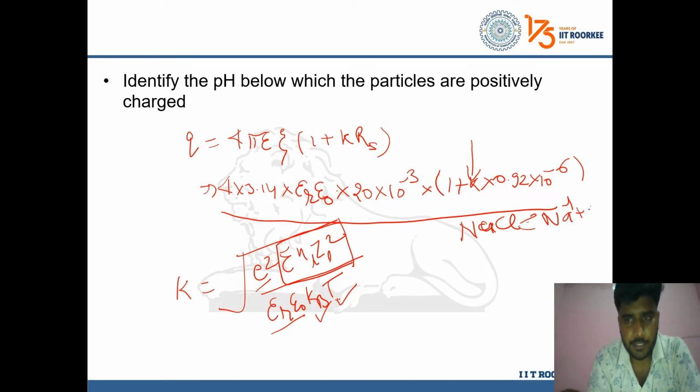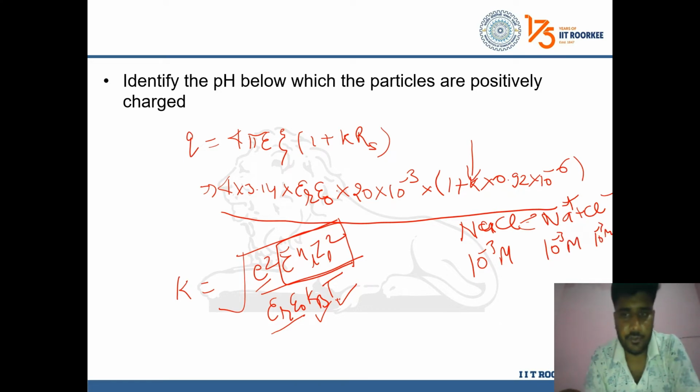Na plus and Cl minus will dissociate like this, and if you have a concentration of 10 raised to minus 3 molar, Cl minus will also have a concentration of 10 raised to minus 3 molar. After that you calculate this value as usual, that is 10 raised to minus 3, multiplied by Avogadro number.